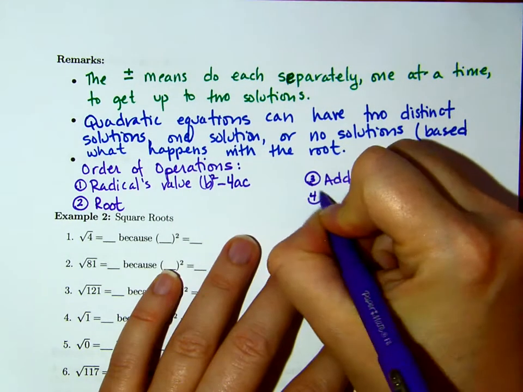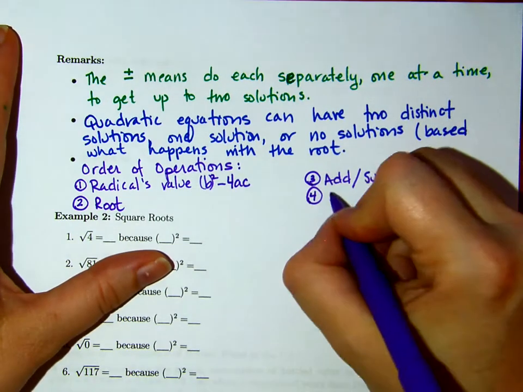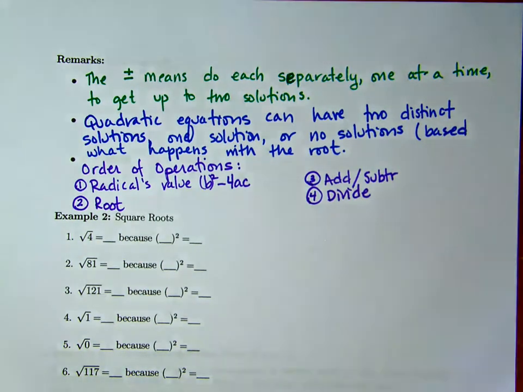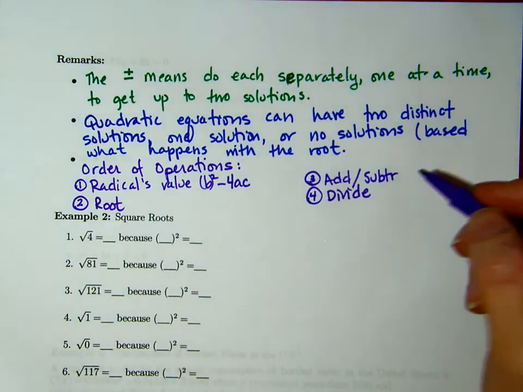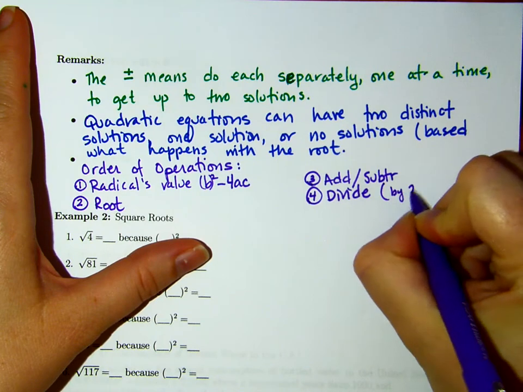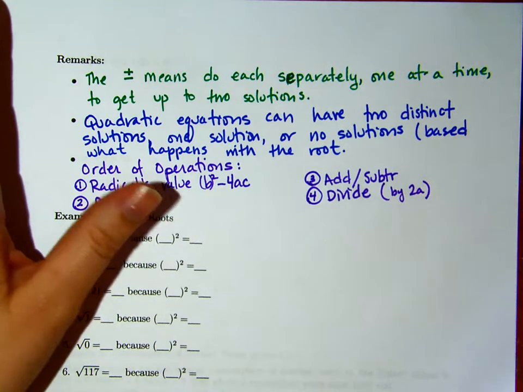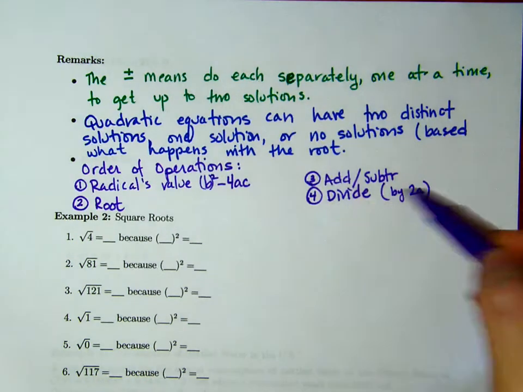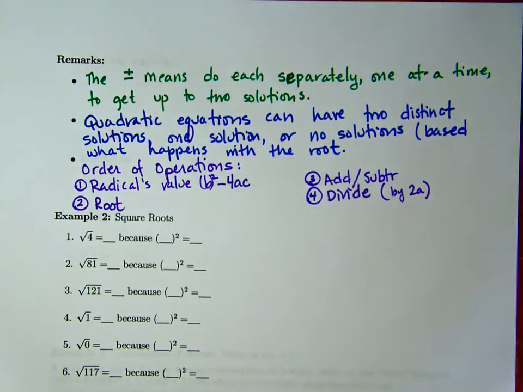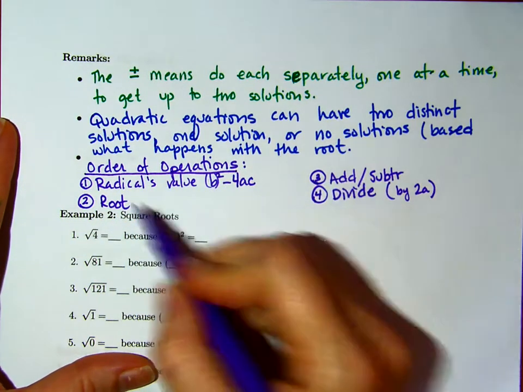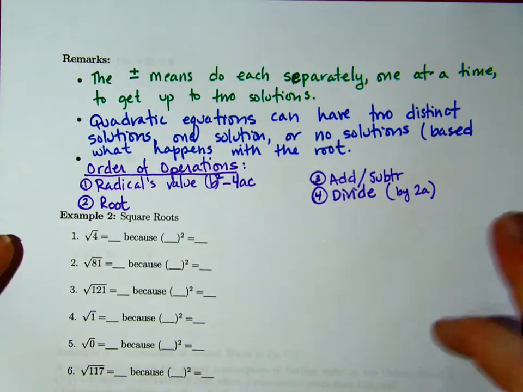And then last, divide. I didn't put this, but you should have doubled the a before you actually do your division. Sorry, I probably should have added that as a step. But nonetheless, here's the order of operations in terms of the quadratic formula.